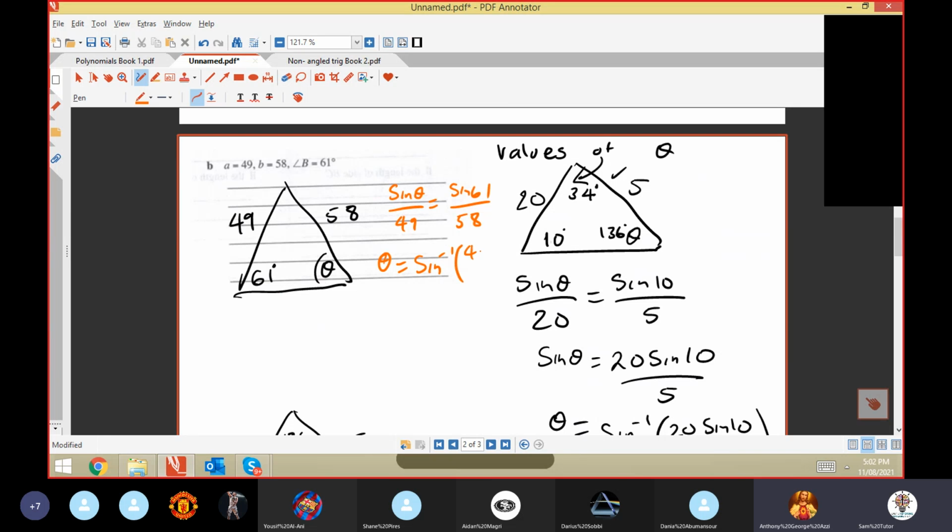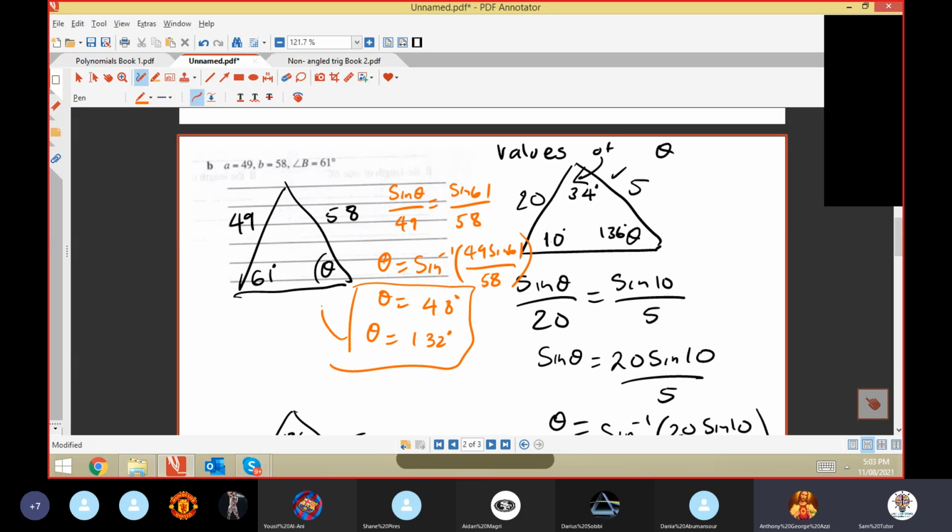Inverse sine of 49 sine 61 on 58. Somebody, again, plug that into their calculator. 48 degrees. Sorry, what was that? 48 degrees. And then again, what's 180 minus that? 132. So we've got an answer of 48 and 132.